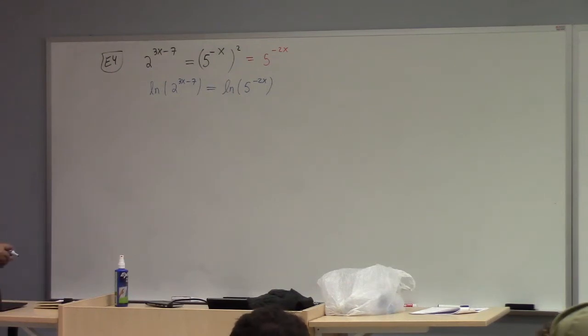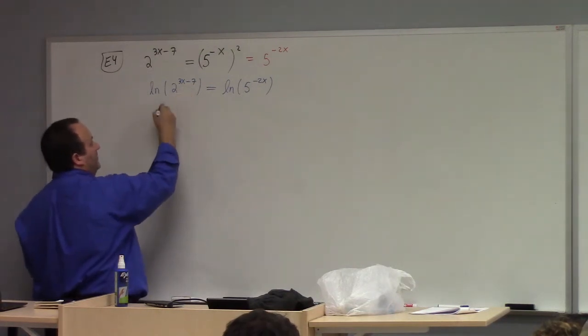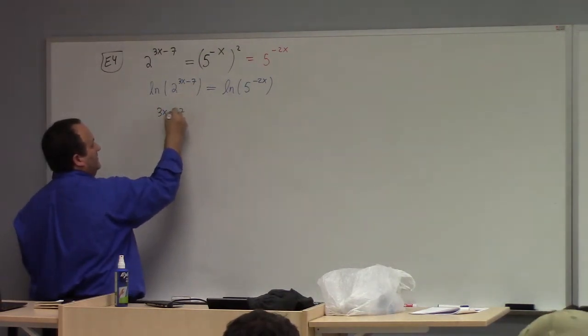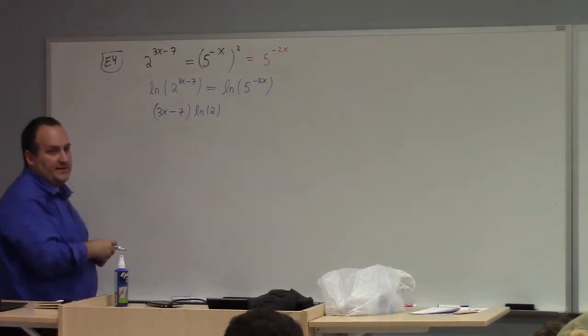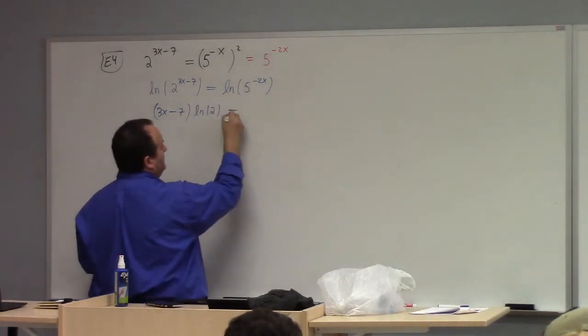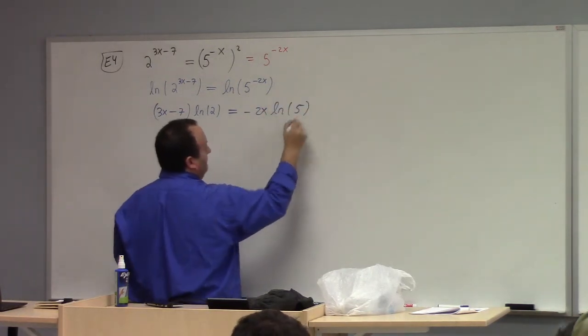And now I use properties of the logarithm. So the power property, I pull out the 3x minus 7 times the natural log of 2. On the other side, I get equals minus 2x times the natural log of 5.